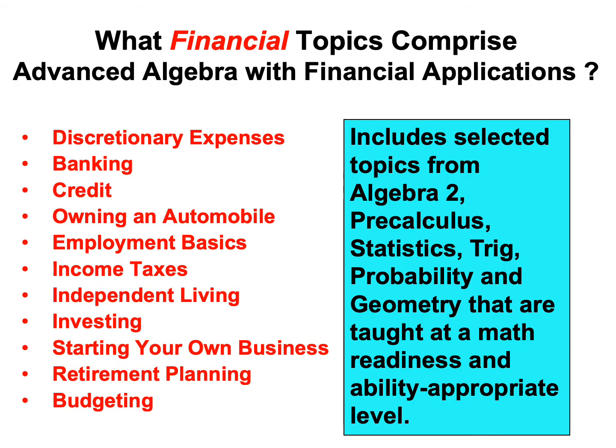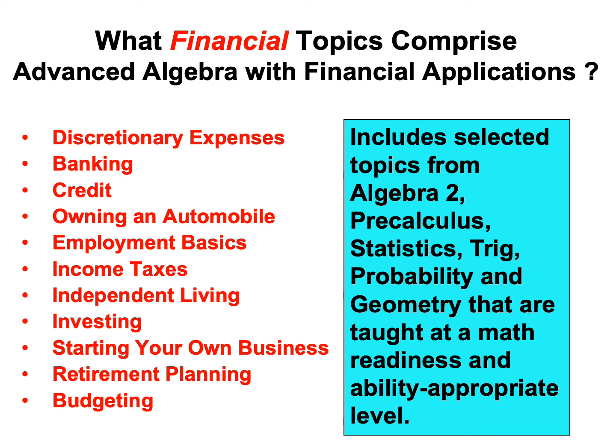The financial topics are broken down into 11 units: discretionary expenses, banking, credit, owning an automobile, employment basics, income taxes, independent living, investing, starting your own business, retirement planning, and budgeting.